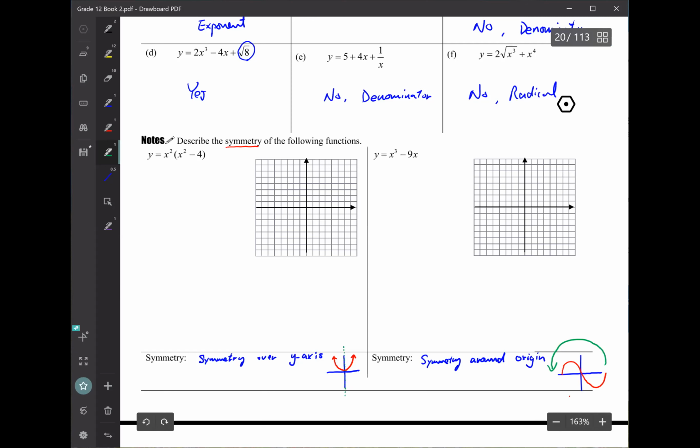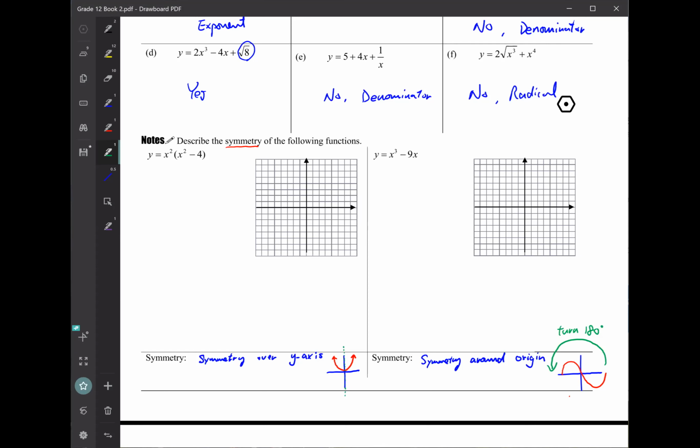Turn this wave 180 degrees, it will look the same as before. Or you can turn your phone, or your screen right now, 180 degrees upside down, then it will look the same as before. So if that happens, we call that a symmetry around the origin.